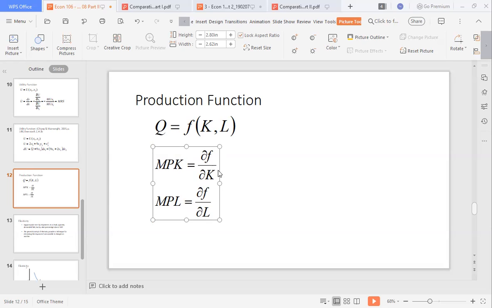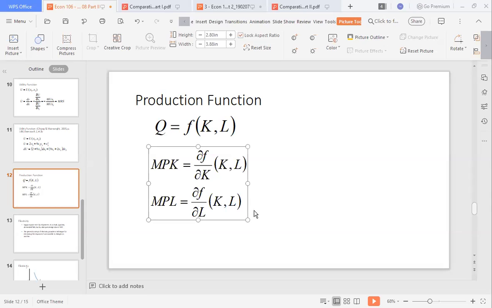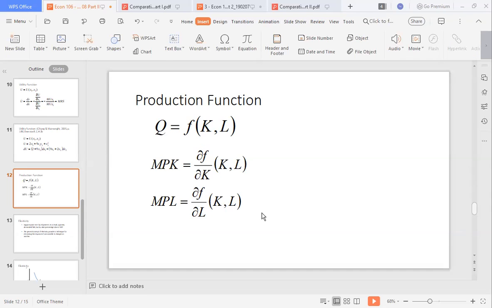So we can also rewrite this as a function of K and L. And also do the same for MPL. Now, in economic theory, what this implies is that MPK is the rate at which the output changes with respect to capital, and MPL is the rate at which output changes with respect to labor, when we're holding capital fixed.